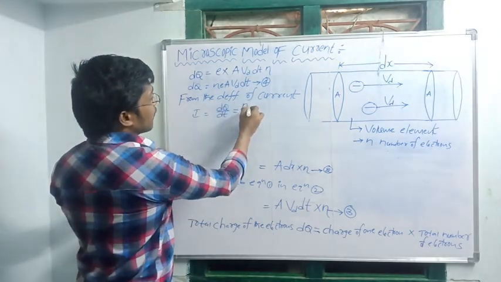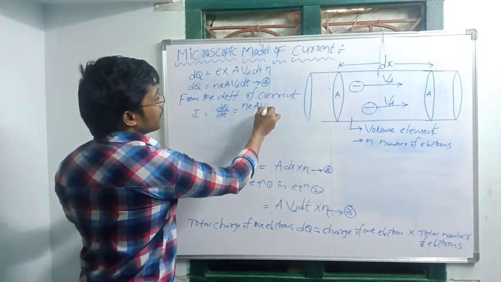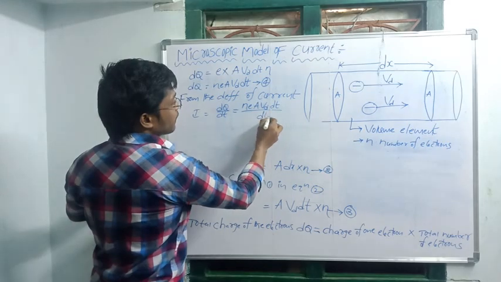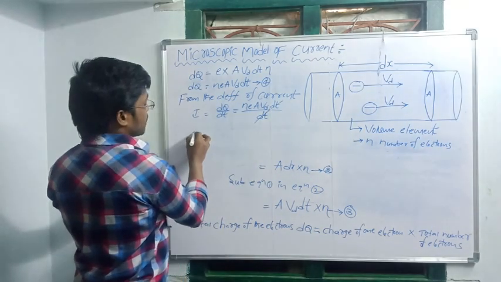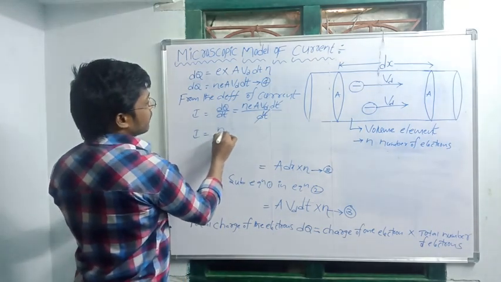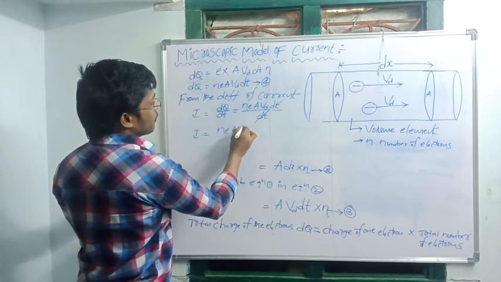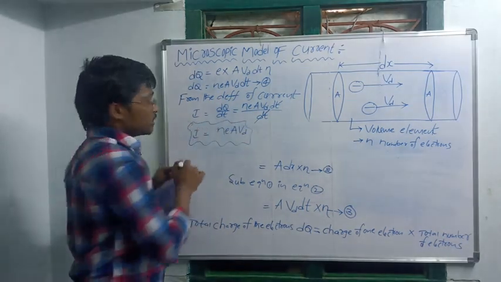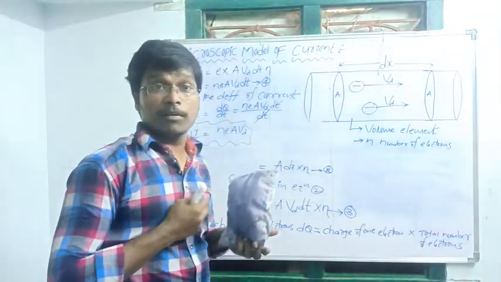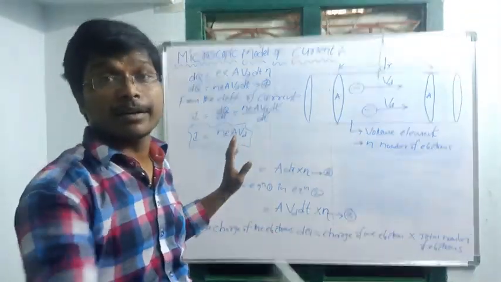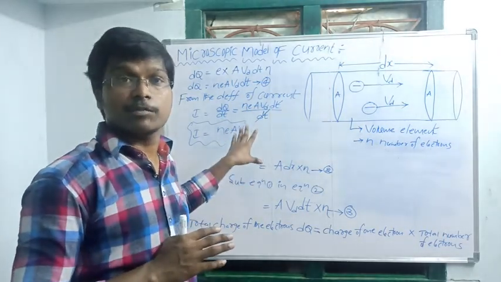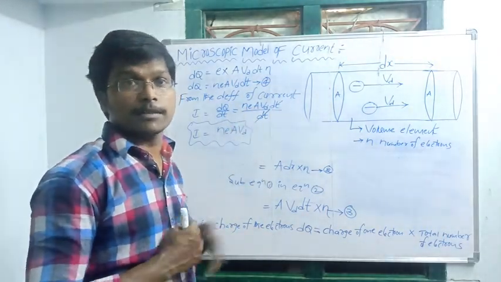This one, n e A Vd dt by dt. Here dt cancels. So what is remaining? I is equal to n e A Vd. This is the expression of the microscopic model of current.